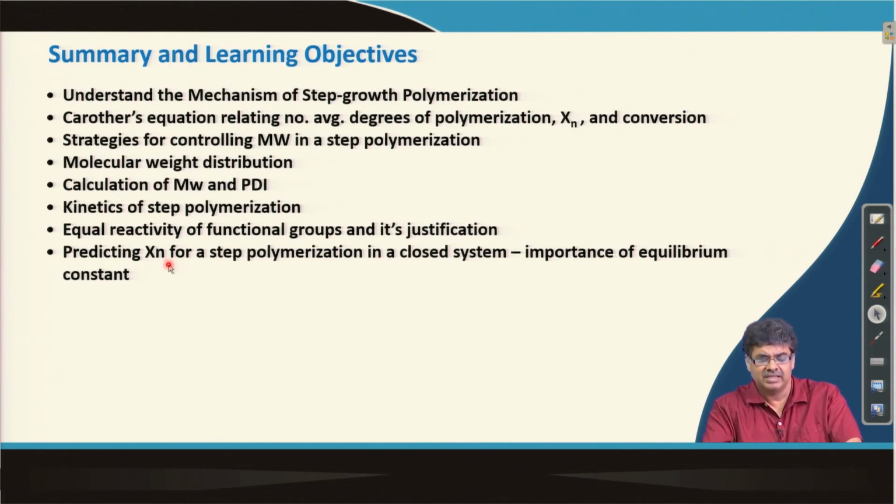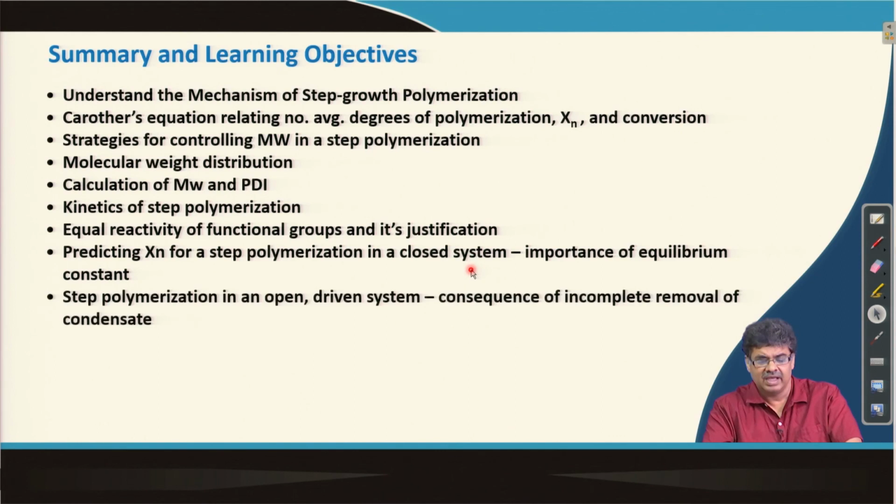Students should be able to predict the degree of polymerization for step polymerization in a closed system and in an open and driven system, and realize that for step polymerization to happen, it is always preferable to remove the small molecular condensate to the maximum extent possible.